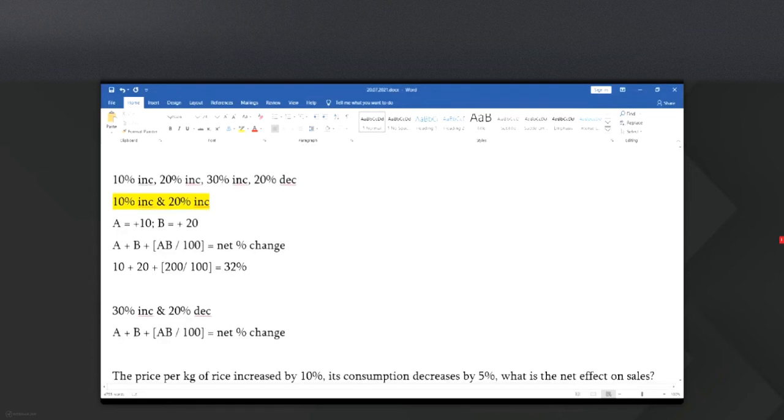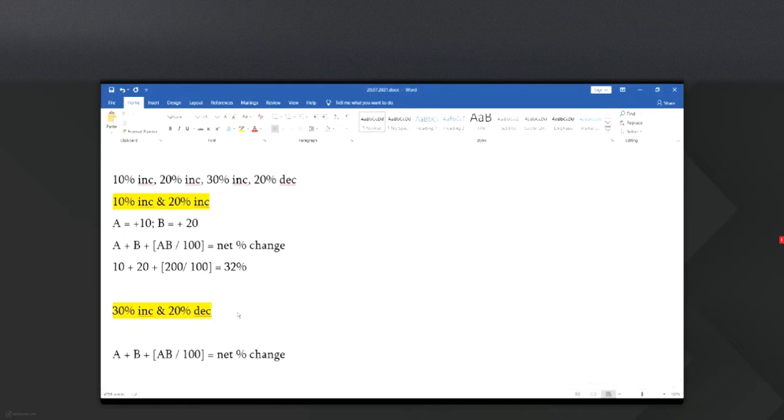Okay. So what is a 30% increase and 20% decrease? What does this net do? Here A would be equal to plus 30 and B would be equal to minus 20, because it is a decrease.